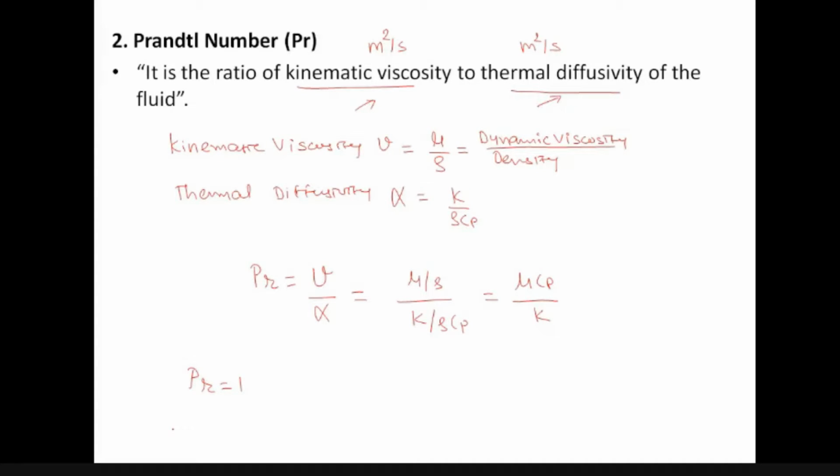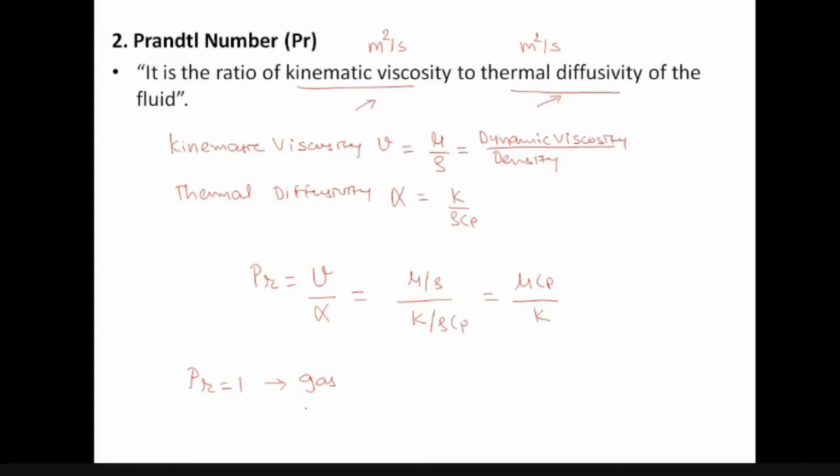What does it indicate? The thermal diffusion as well as the momentum diffusion are both happening at the same rate. It means the momentum transfer in the fluid as well as the thermal transfer will take place at the same rate in the gas, and that's why the Prandtl number value is 1 for gases.